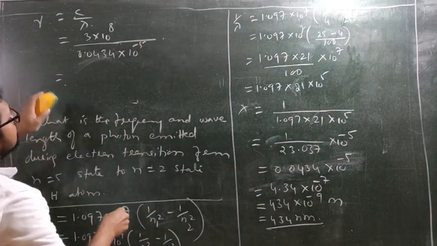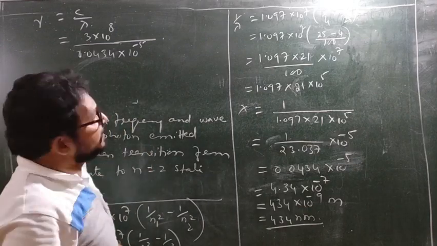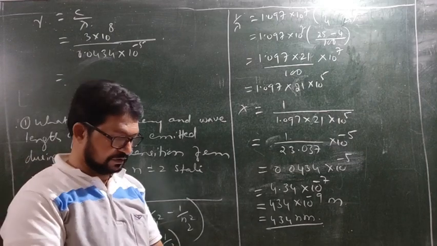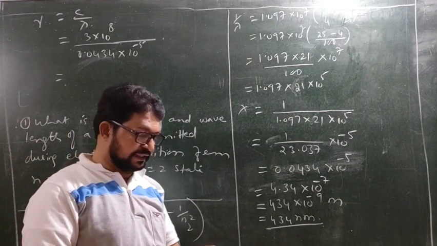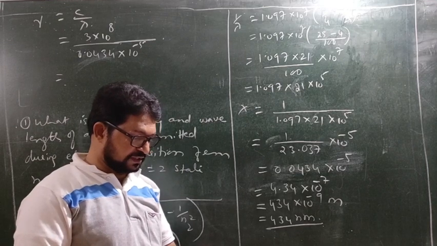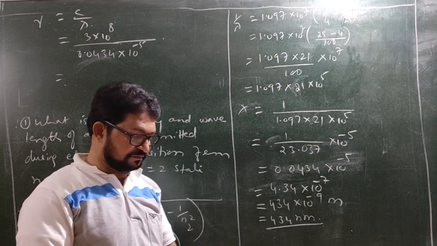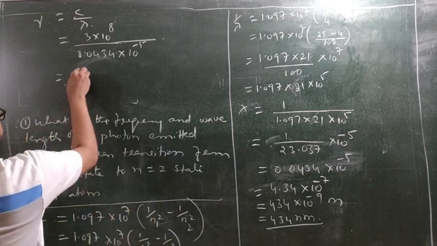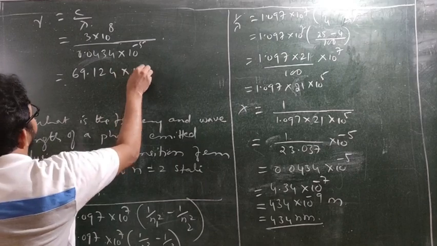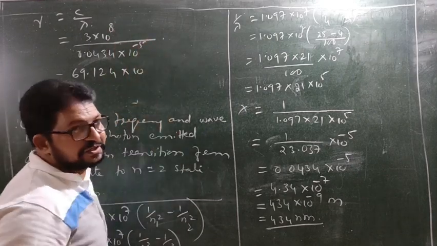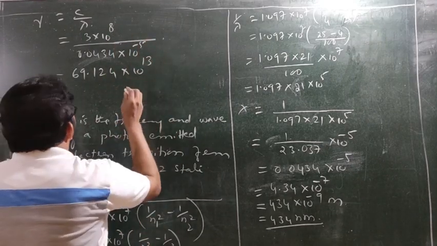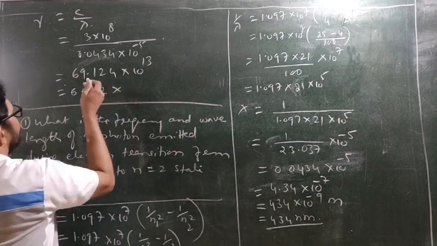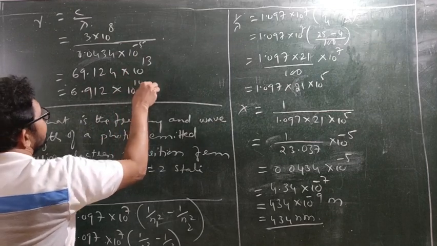So this is 3 divided by 0.0434, which is 69.124. 69.124 into 10 raised to 8 plus 5, 13. In scientific notation, 6.912 into 10 raised to 14 hertz.